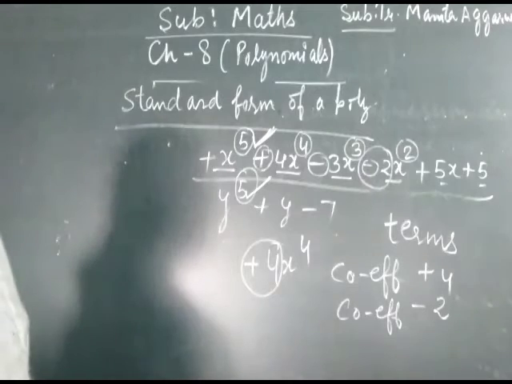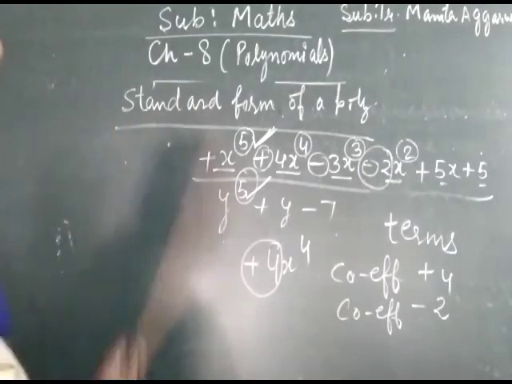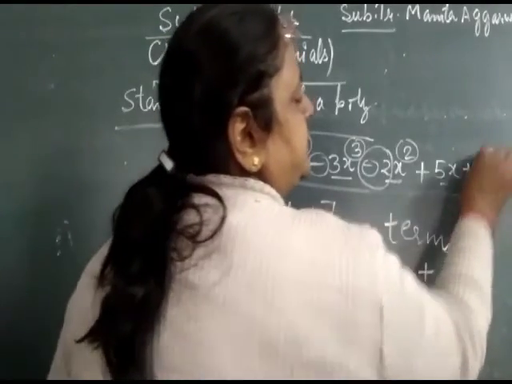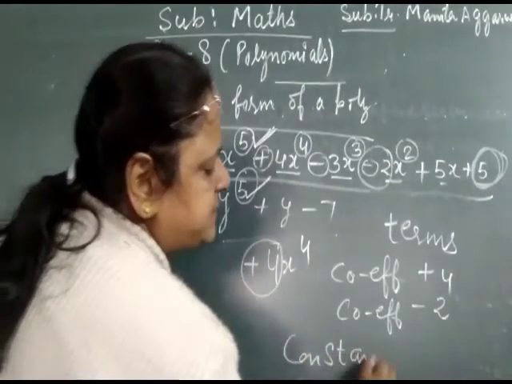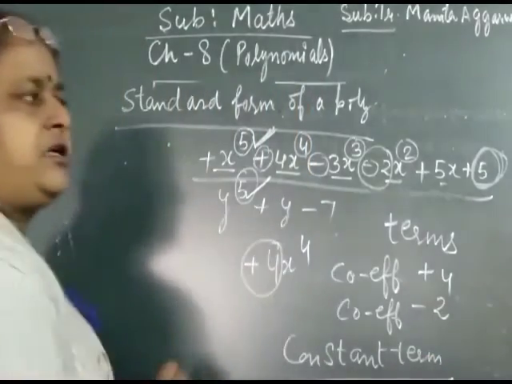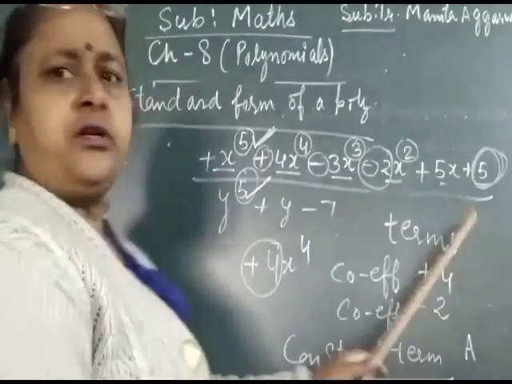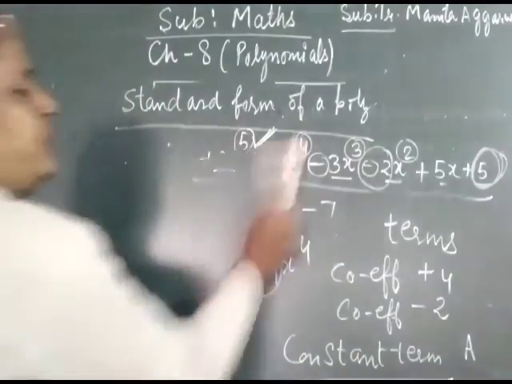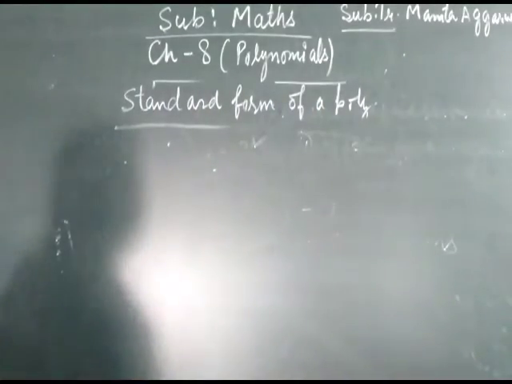And now we will discuss the terms, and this is called the constant term here. This is mainly the constant. In a polynomial, a constant term has no variable. A term without variable. Constant term means, now I am discussing the constant polynomial.